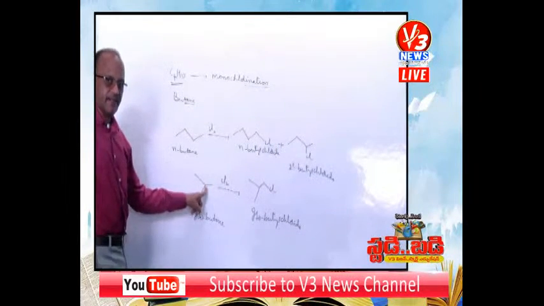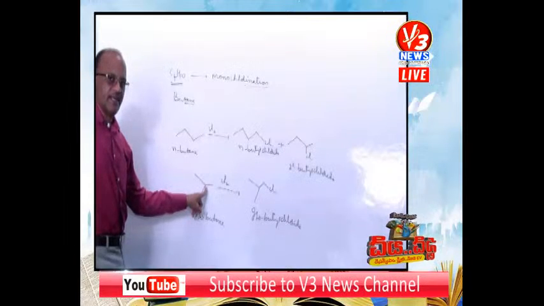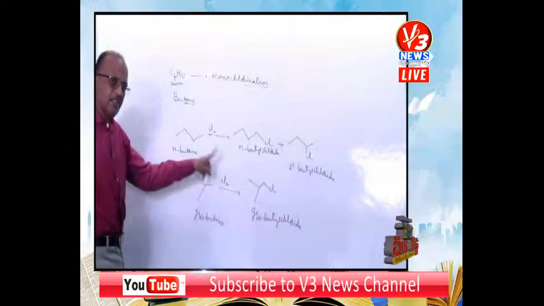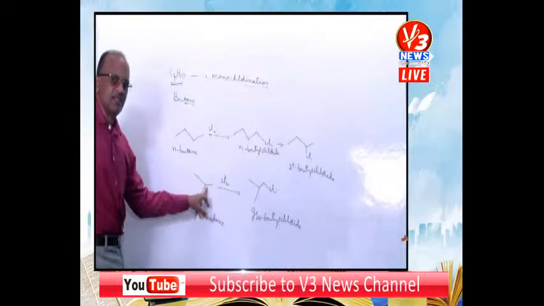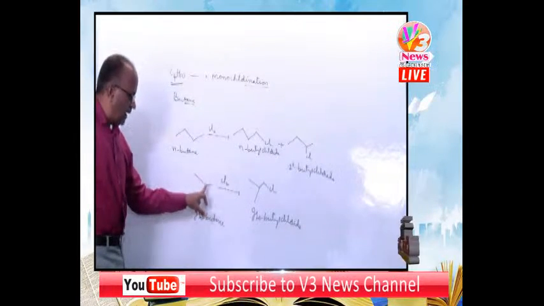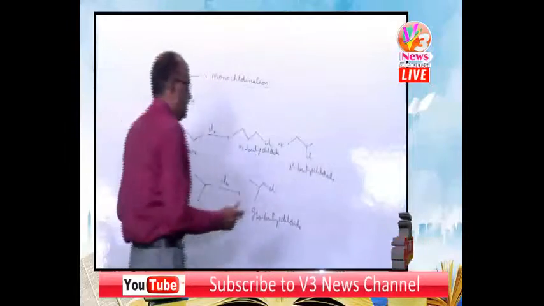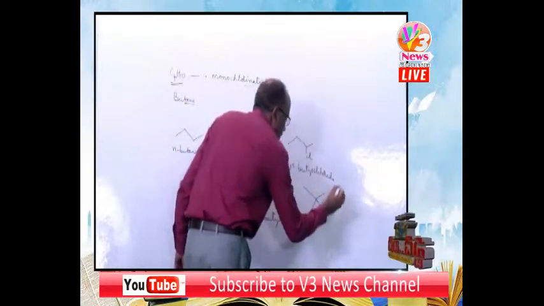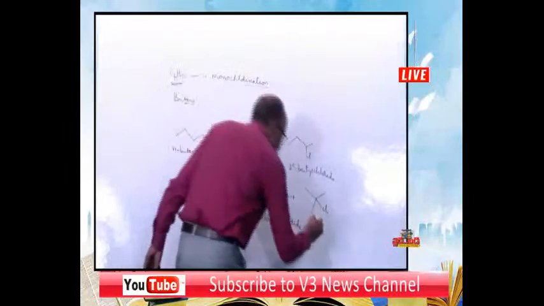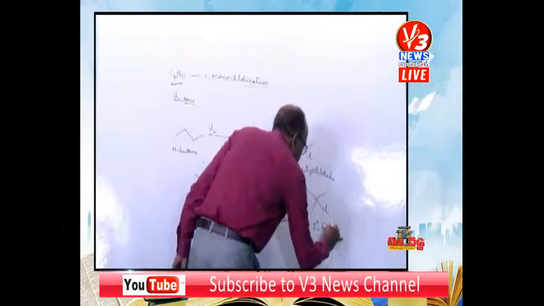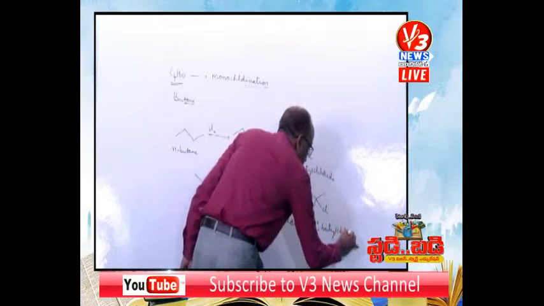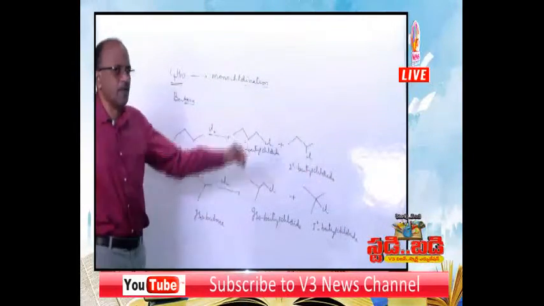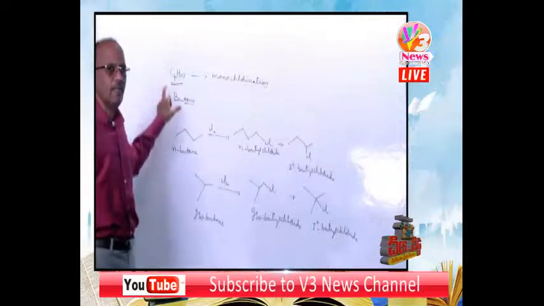This carbon is different. This carbon is tertiary carbon. How can you say it is a tertiary carbon? Because it is attached to 3 other carbons. So if hydrogen from this is replaced by a chlorine, then we will get one more compound, that is tertiary butyl chloride.